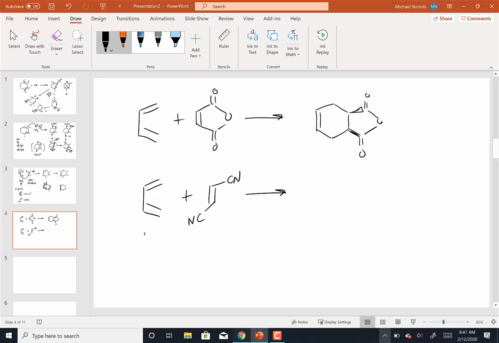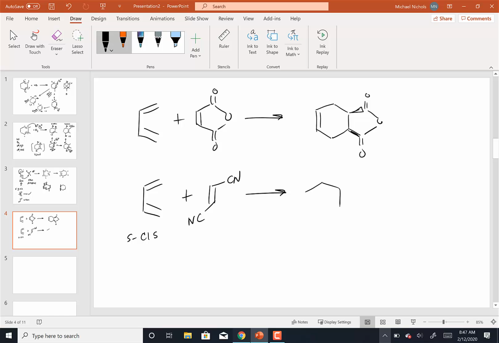As long as the diene is in its S-cis conformation, then the reaction will occur. And if you think about it, the beauty of butadienes is you usually always have butadienes. So this is S-trans, all I got to do is swing it around and it becomes S-cis. I just apply a little heat to it.